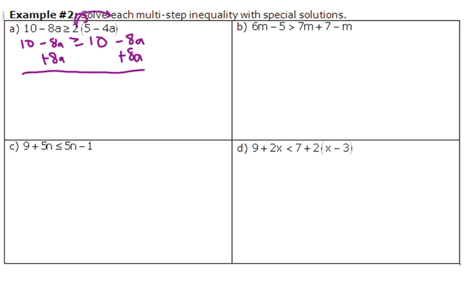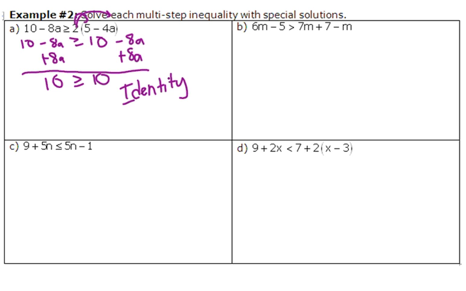When I do that, on this side, I'm left with 10, because the 8a's cancel, is greater than or equal to 10. Now with inequalities, it's not enough to just look at the numbers. You need to make sure the inequality makes sense. Now this is saying 10 is greater than or equal to 10. Well, that's a true statement because 10 is equal to 10. So this would be considered an identity. So remember, an identity means that you can plug in any number for your variable and it would create a true statement.